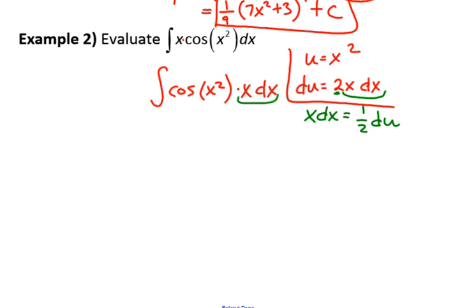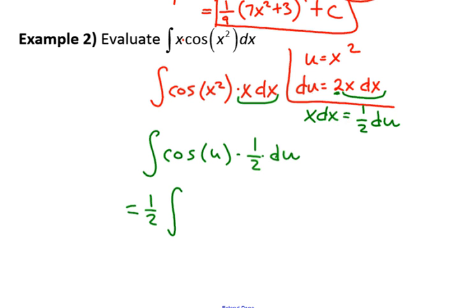So when I substitute x dx, I'm going to put in 1/2 du instead of du. So now I'm going to rewrite the integral, and you have cosine of u times x dx, we said, is 1/2 du. Now before I integrate this 1/2 du, it is being multiplied by the integrand. So what you can do is that 1/2 can actually come outside of the integral, since it's a constant multiple.